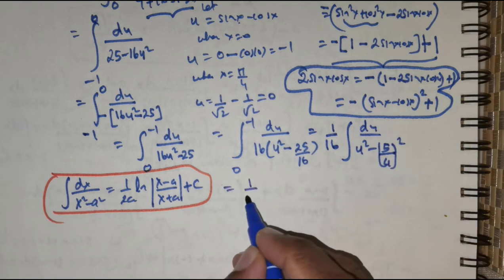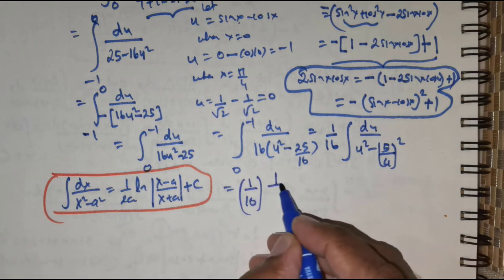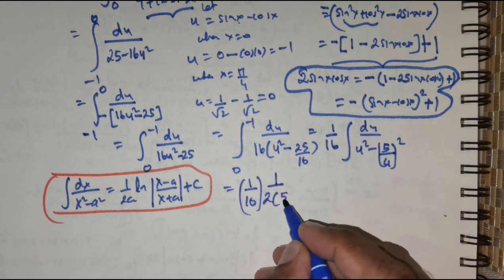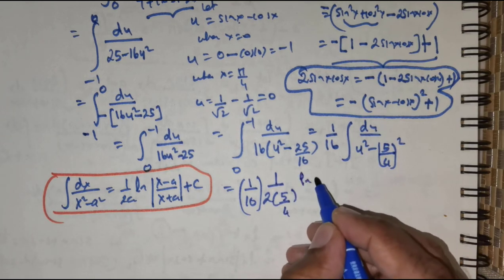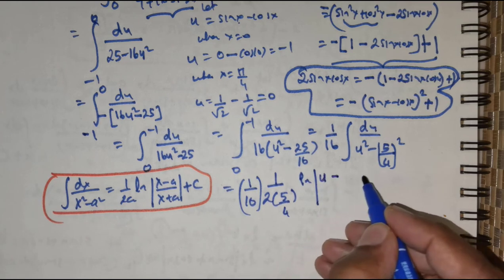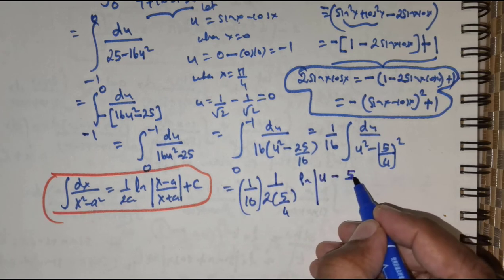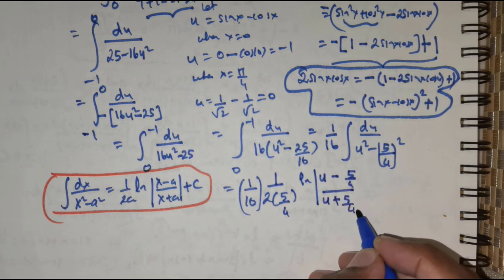So this is equal to 1 over 16 and 1 over 2a, so it's going to be 1 over 2 times my a, which is 5 over 4, times ln of modulus of u minus 5 over 4 divided by u plus 5 over 4.